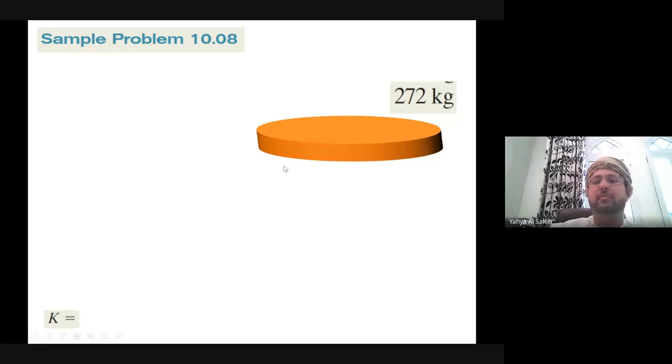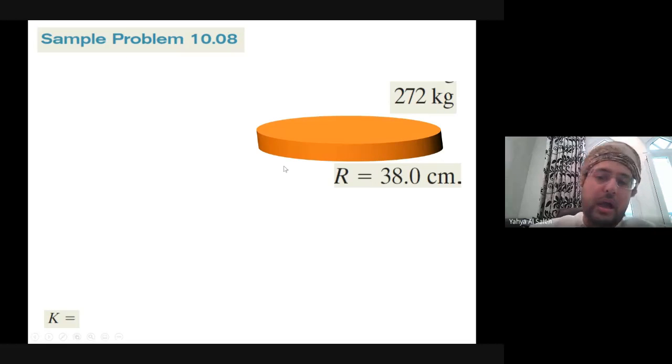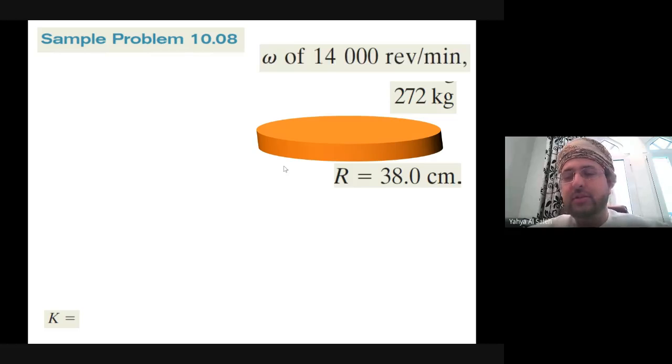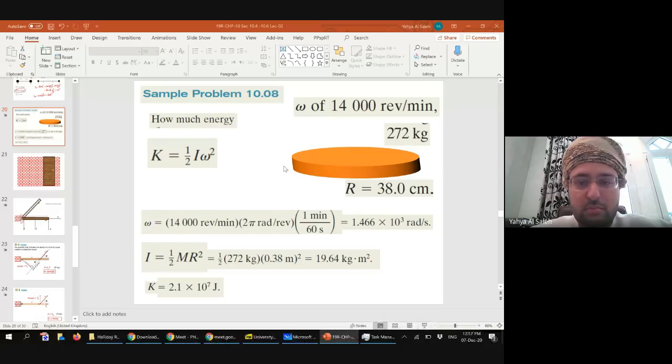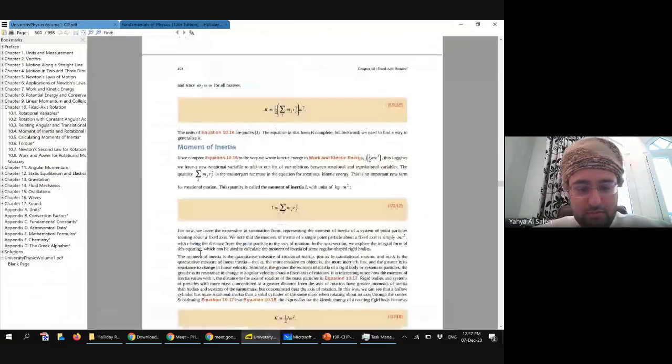Let's do one more sample problem. I have a disk of mass 272 kilograms, radius of 38 centimeters, and it's rotating at 14,000 revolutions per minute. Okay. I'm actually using an example which I found quite nice.